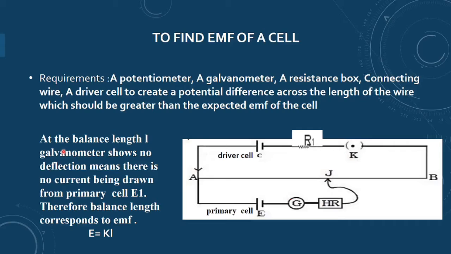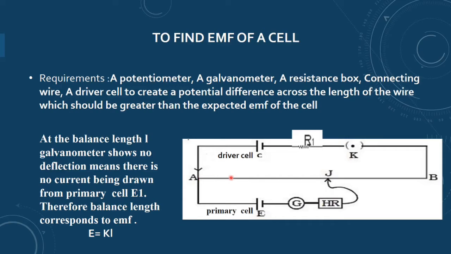It means at the balance length, galvanometer is not showing any deflection, means there is no current drawn from this primary cell E. And at that point, using the principle of potentiometer, I can write that EMF is given by K into L. K is of course the potential gradient and L is the balancing length.